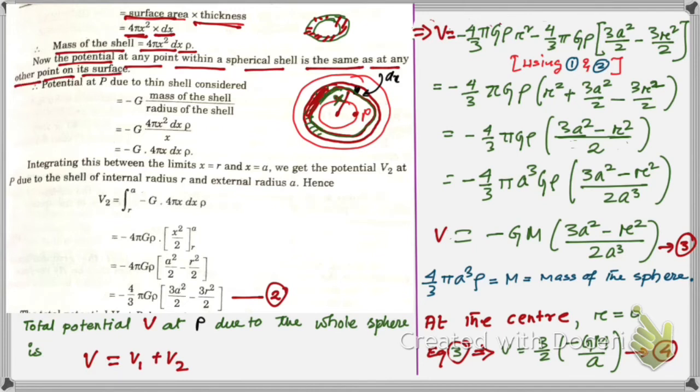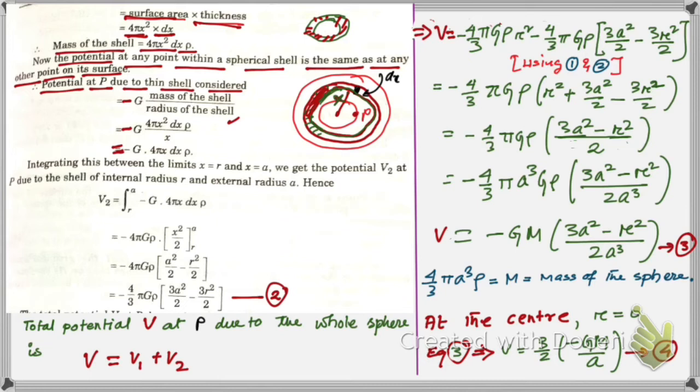So potential at P due to the thin cell considered is given by minus capital G, mass of the cell by radius of the cell, and that is equal to this. Here x cancels x square to give x, so that's why we have got this relation.